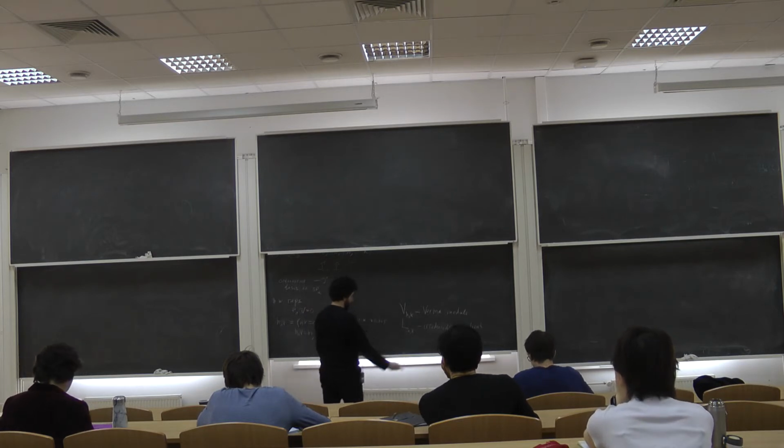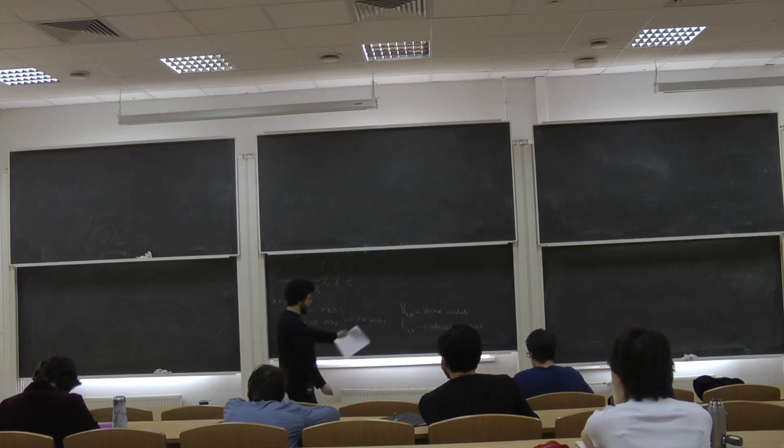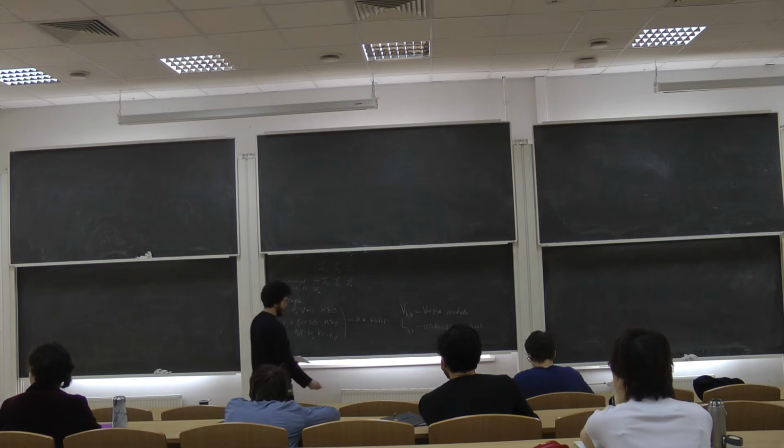For generic values of h and k, whatever that means, the Verma module is irreducible. It becomes reducible for special values.